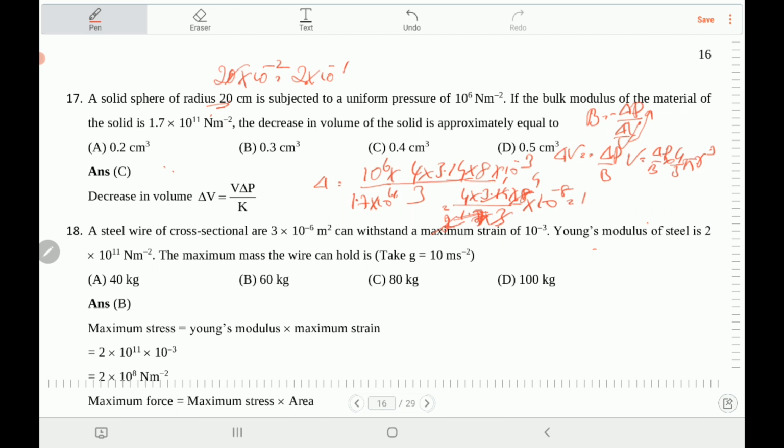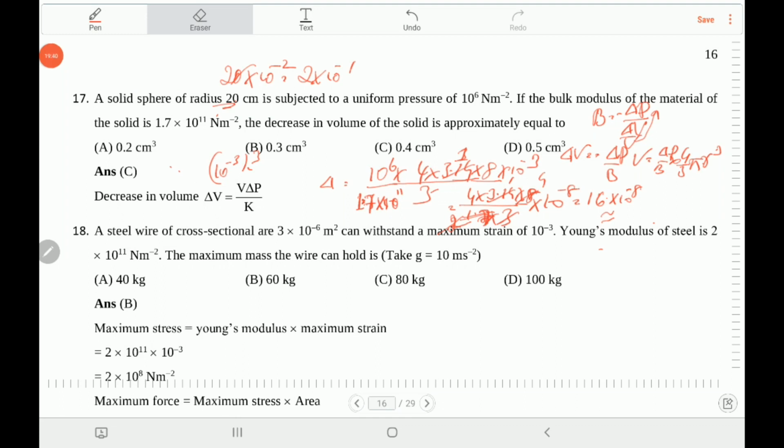You're getting a value around 16, more than 16, around 20 maybe, into 10 raised to the power minus 8. Now if I shift by one place, if I write 1.6, it becomes 10 to the power minus 9. So 1.6 is nearly 2, actually 2.2.